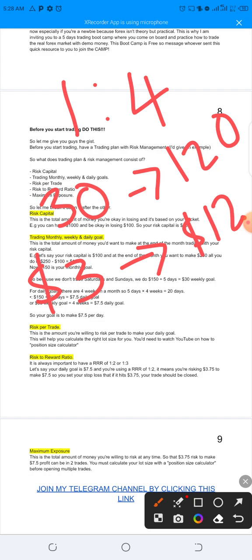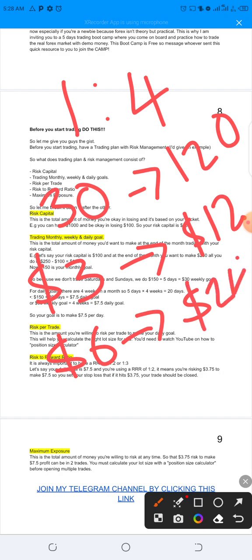As I said, there are some days you pass your goal. Let's say you want to risk $5, but you opened two positions, so you risk $6, and that day the trade hit the take profit and you made $24. This is a very, very good day, so you've passed your goal.